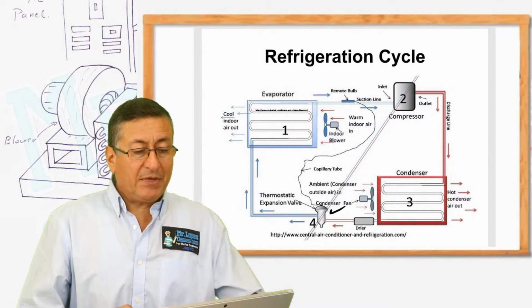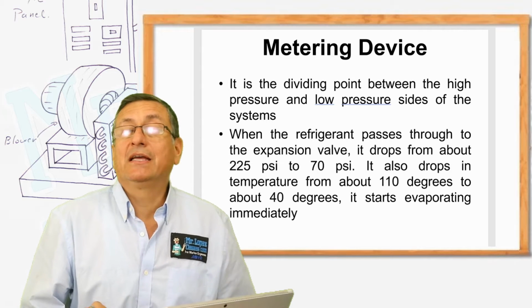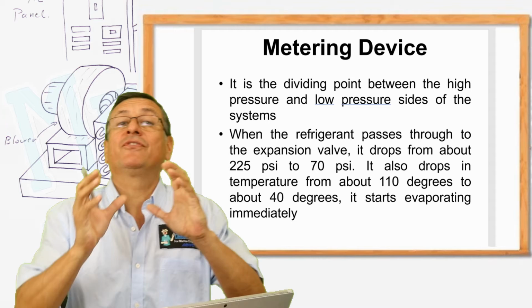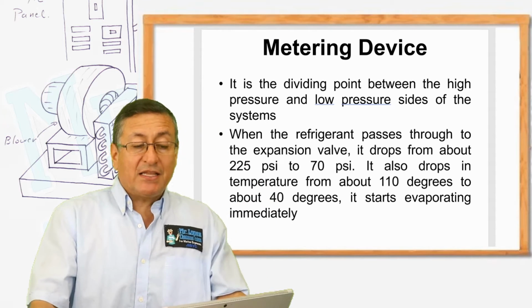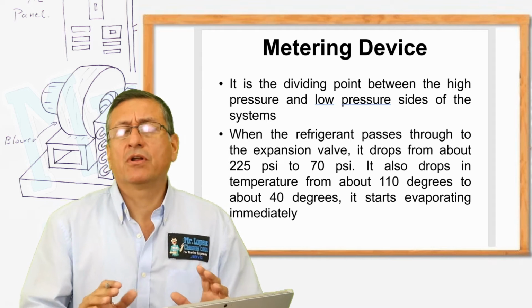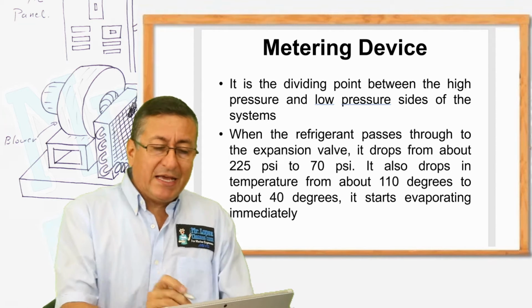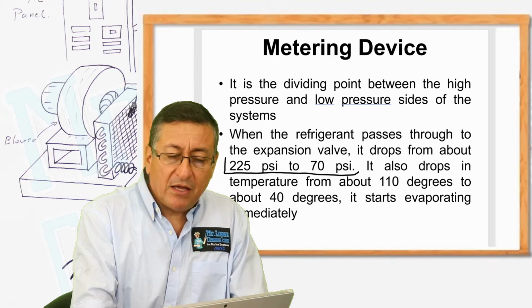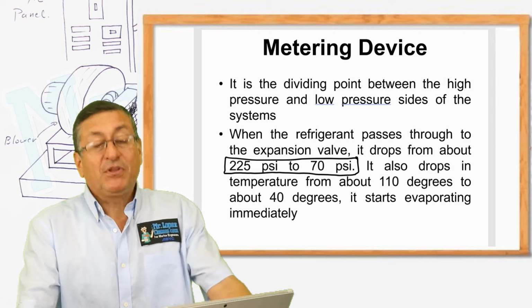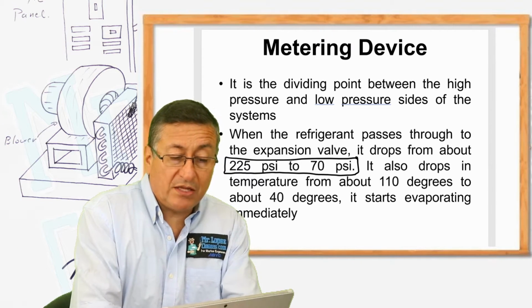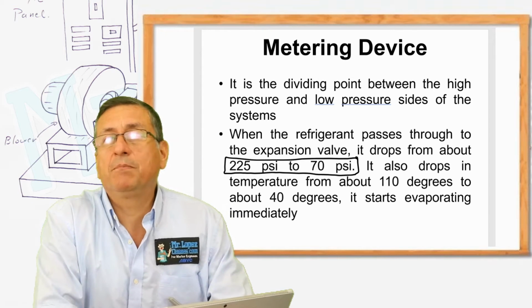But let me refresh something about what happens before the expansion valve and after the expansion valve. Remember that, doesn't matter if it's a capillary pipe or a thermal expansion valve, the pressure decreases from 220 psi, or 225, into 70 psi.